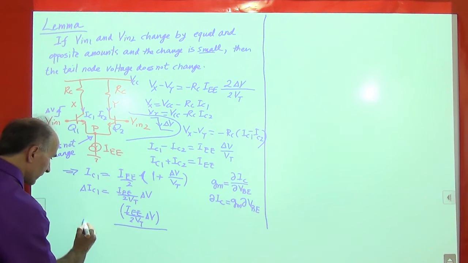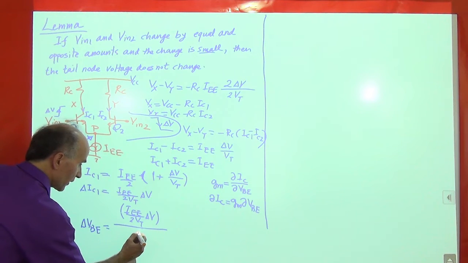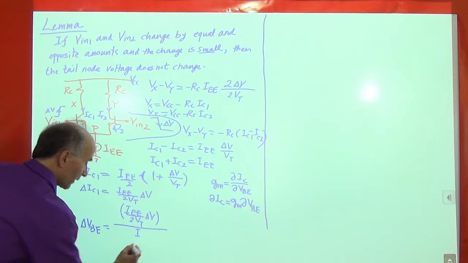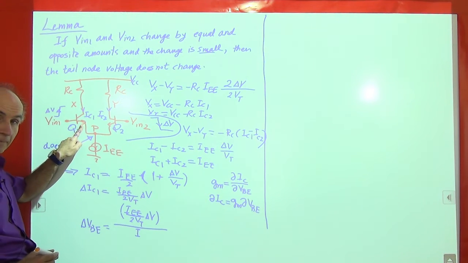Divided by gm, which is the bias current of this transistor, divided by Vt.